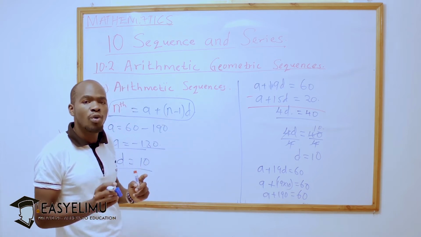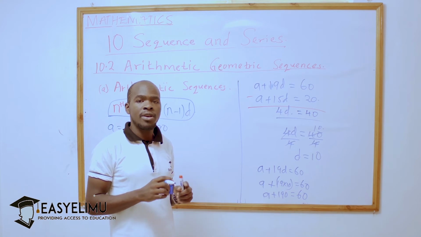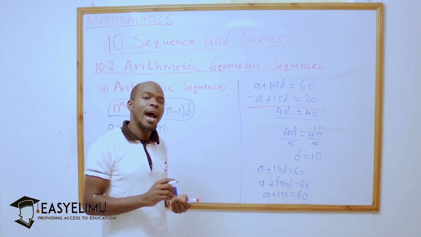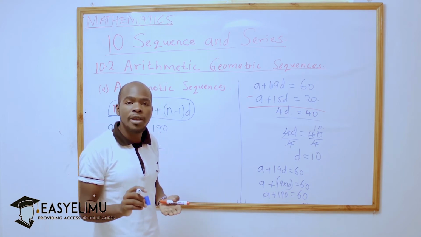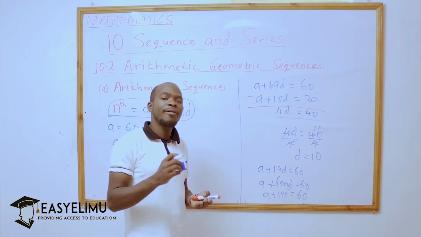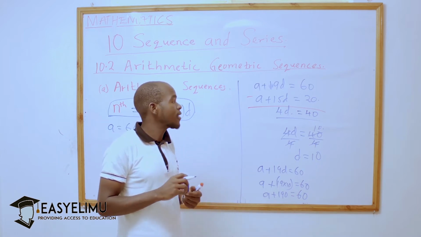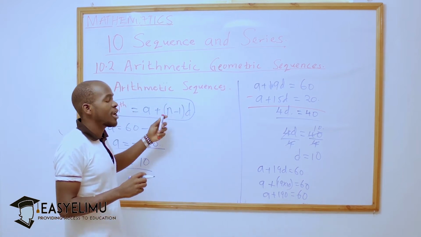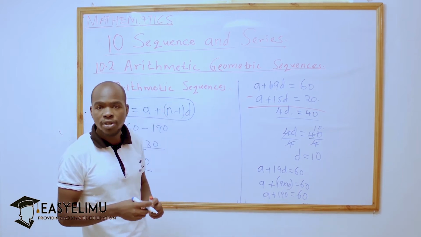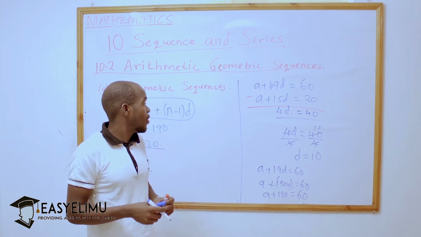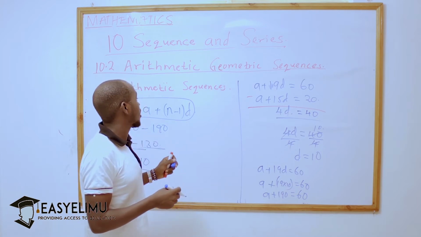In case you are given any pattern of numbers with a specific rule, just find the common difference between the numbers if it is an arithmetic sequence, and then use the formula to find the nth number you want in that pattern. With that, we have come to the end of arithmetic sequence.